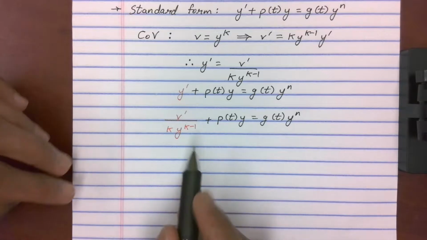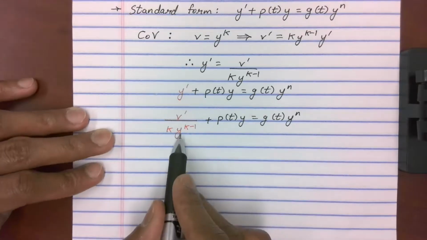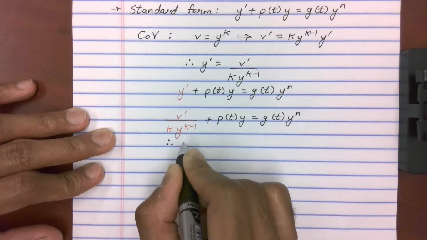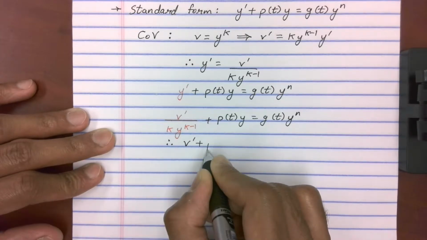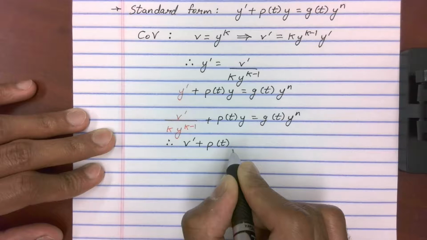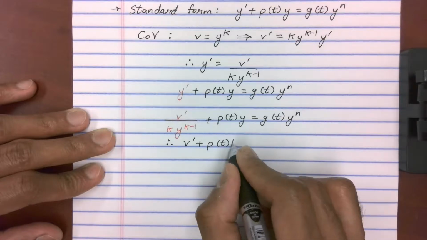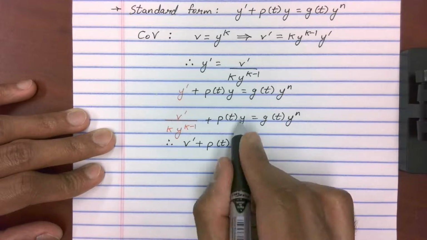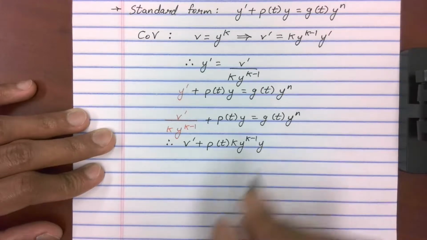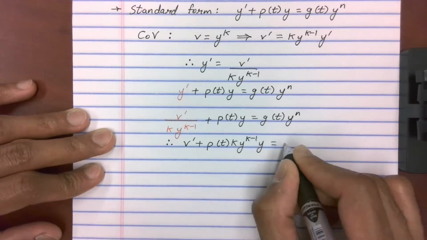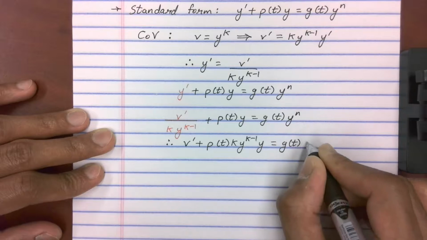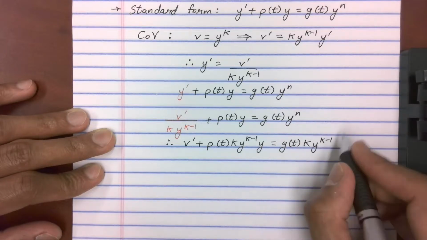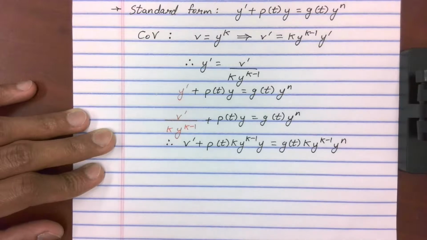If we multiply this throughout with k times y raised to k minus 1, we have v prime plus p of t times k times y raised to k minus 1 times y, and that equals g of t times k times y raised to k minus 1 times y raised to n.